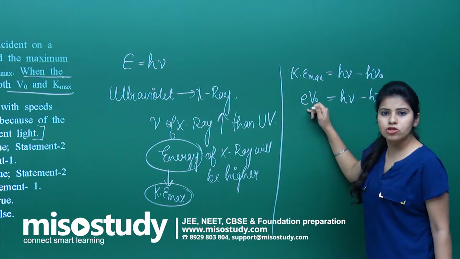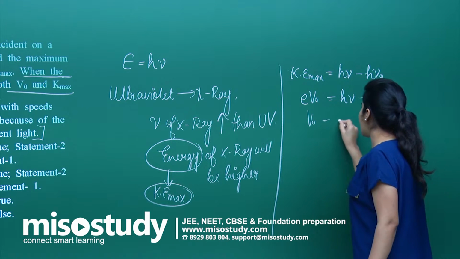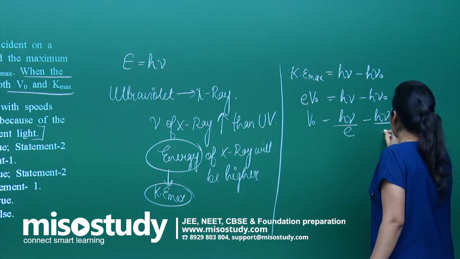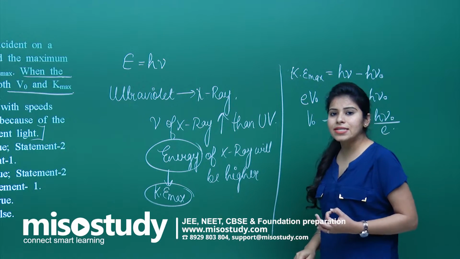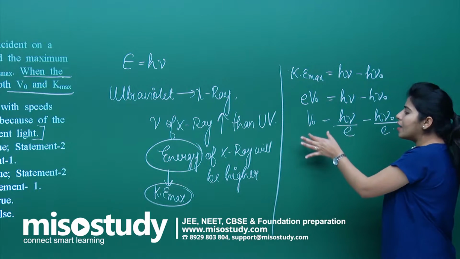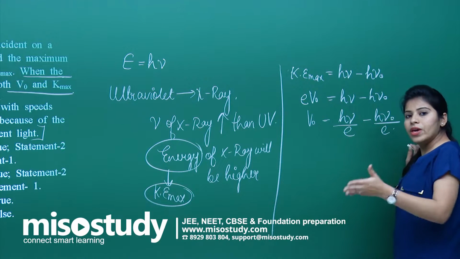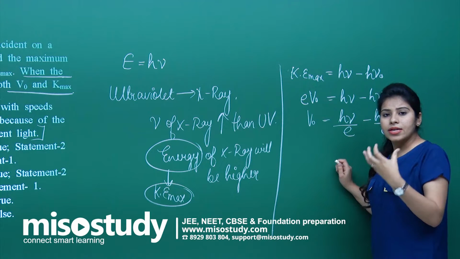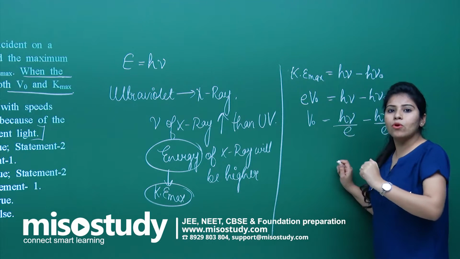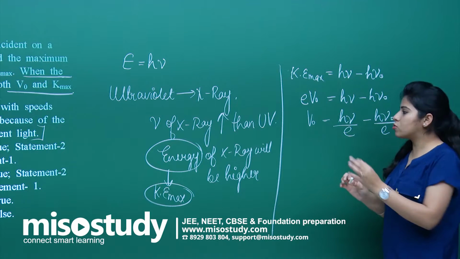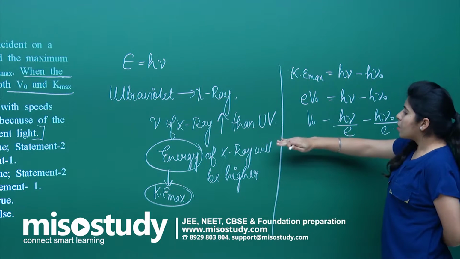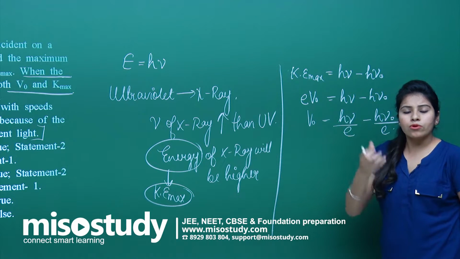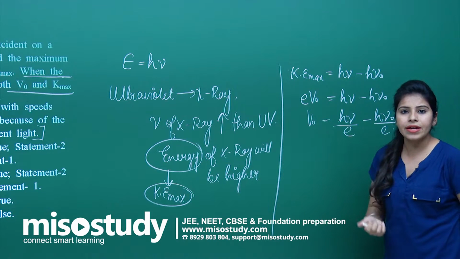So if I talk about the stopping potential, I can write it as h nu by E minus h nu naught by E. Now you will see that because the kinetic energy is increasing, we have seen a relation that if the kinetic energy of the incident photon is high, so the number of photons, the frequency, you can say, if the kinetic energy of the photon is higher, so that means photons will be getting emitted at a higher rate.